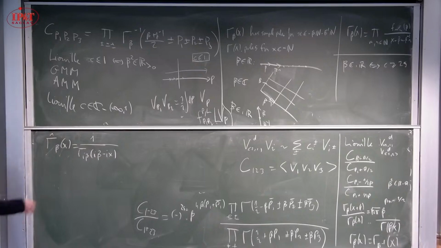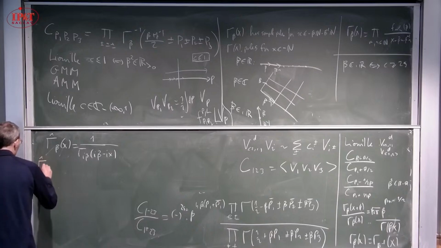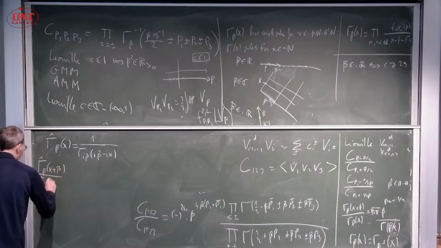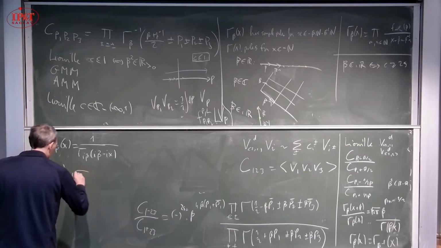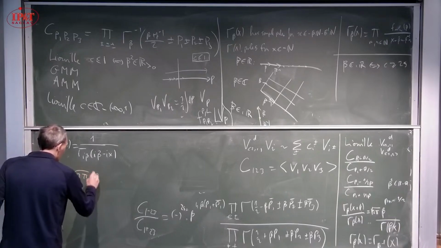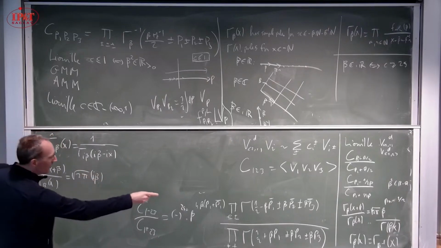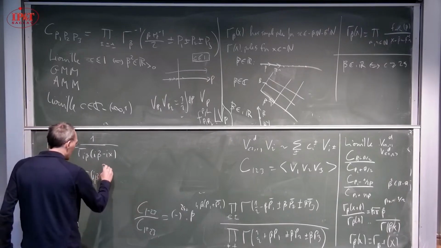So if you look at this function and look now at how it behaves under the shifts, you get gamma hat_beta of x plus beta over gamma hat_beta of x equals, here you get an i beta instead of the beta we had there, but otherwise it's the same.